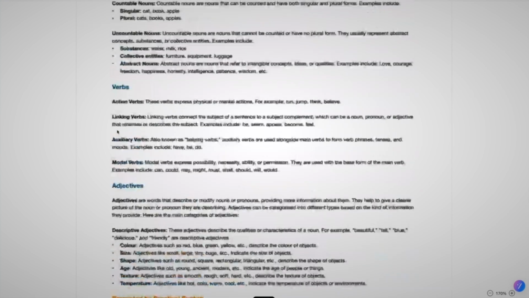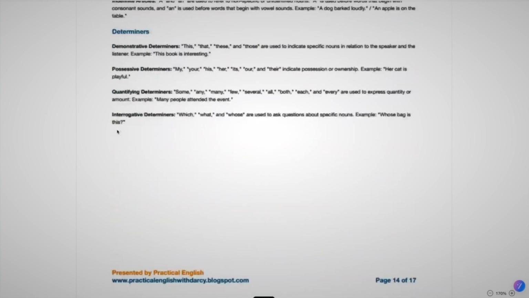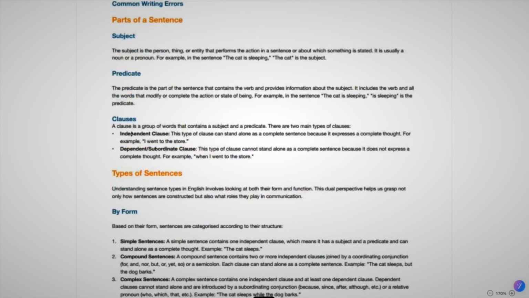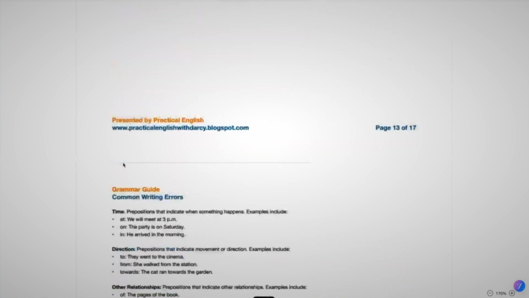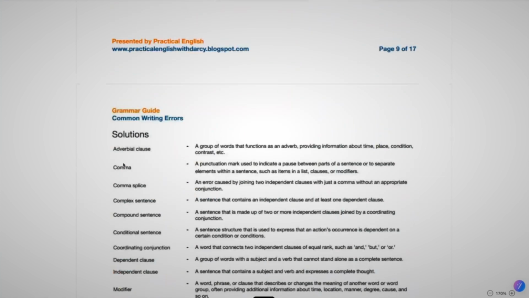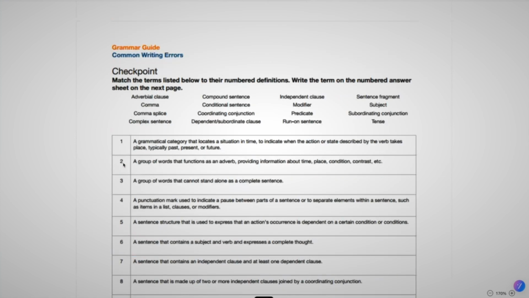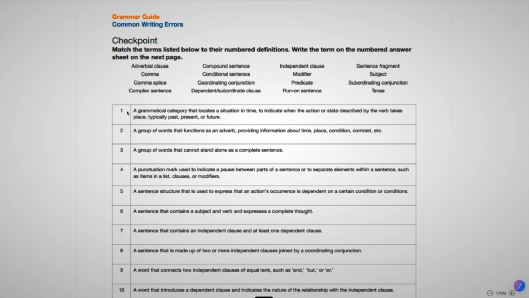Here we have the clause, the independent clause, and the subordinate clause. But I should add something about the relative clause. And we have this little quiz here.